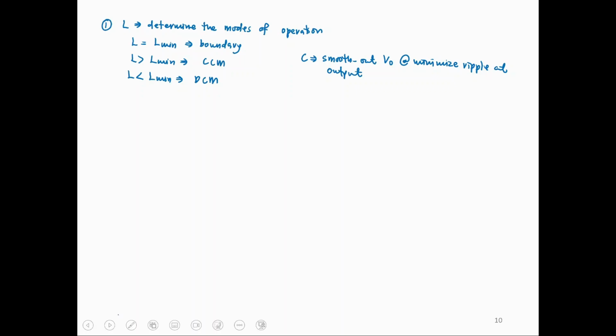Okay, point number 2. Switching frequency should be selected at least equal to 20 kilohertz, and you can go up to 1 megahertz. This switching frequency is set at 20 kilohertz in order to avoid audio noise.